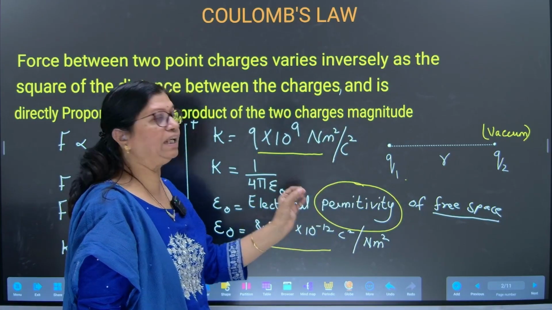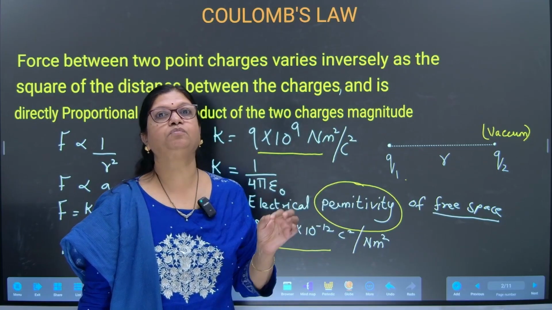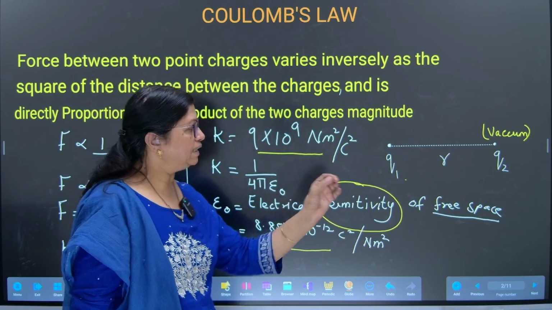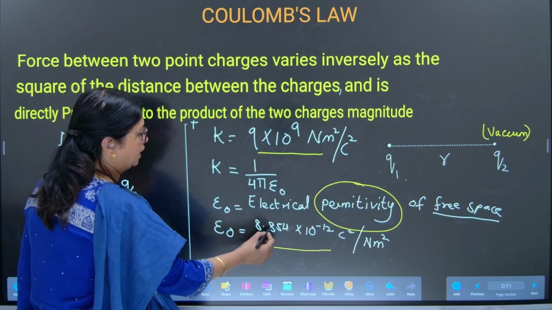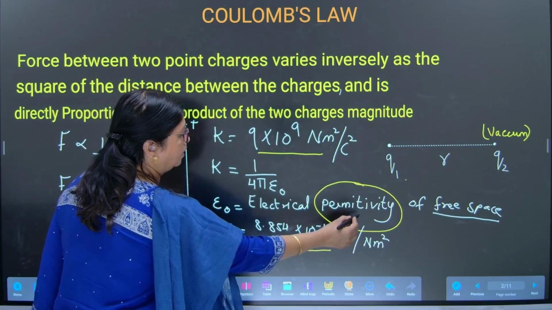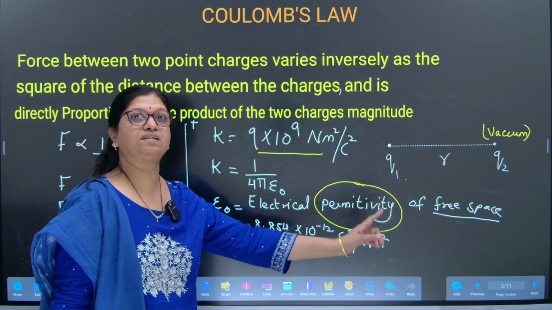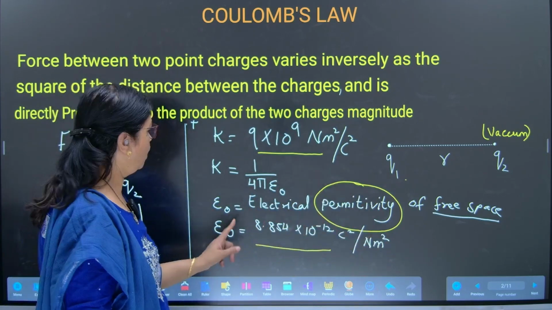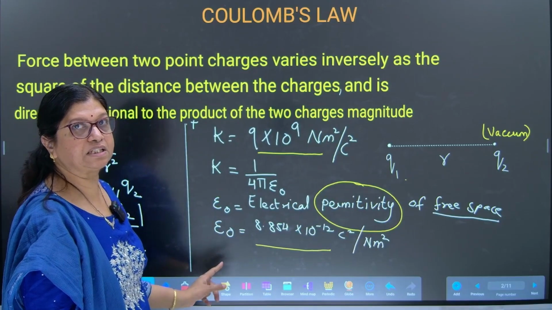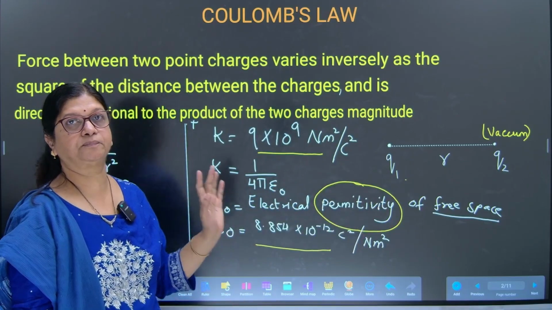So, permittivity is the permission given by the medium to the charges. Its value is 8.854 into 10 raised to minus 12 Coulomb square per Newton meter square, where Coulomb square per Newton meter square is again the SI unit of the permittivity in free space, epsilon naught.